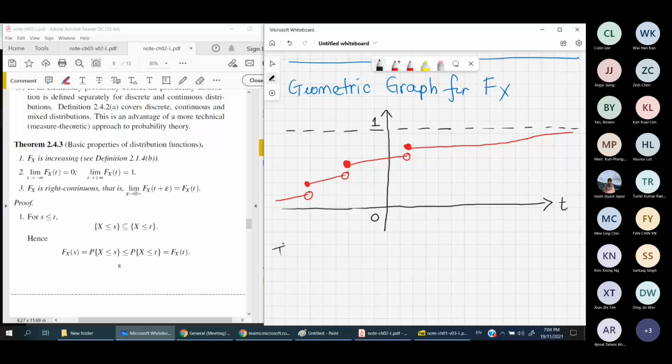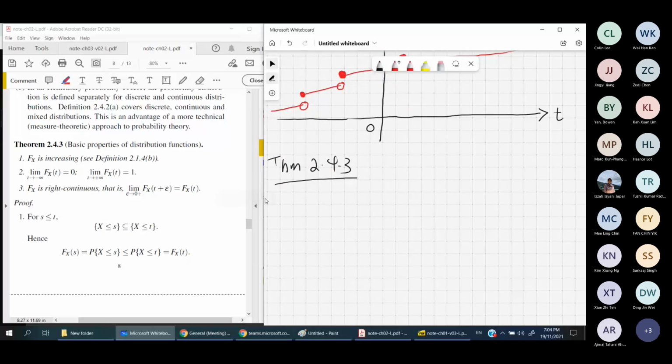So, Theorem 2.3.1. I'm not going to go through the proof, since it is already here. So maybe I would just say this is a sketch of proof. Okay, number one. We have shown that this is the case.